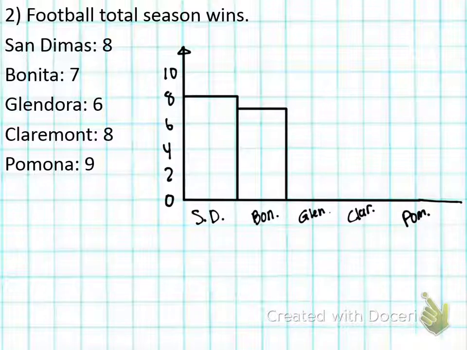It's like you're presenting it. Okay, next one, Glendora is 6. And Claremont's 8. And last but not least, Pomona 9.